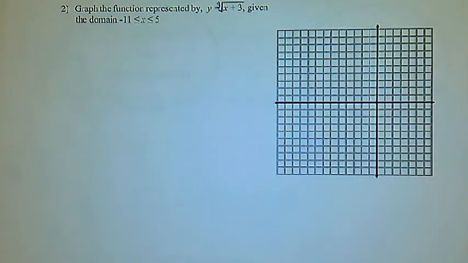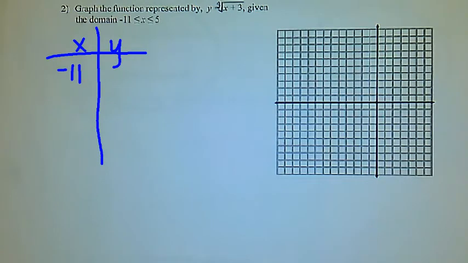All right, so let's plot question number 2. For this one, notice they gave us a specific domain. So what that tells us is we are only going to plot numbers that come between -11 and 5. Of course, I know how many there are, so that's why I did my spacing.